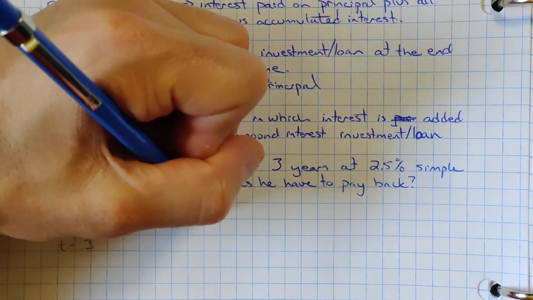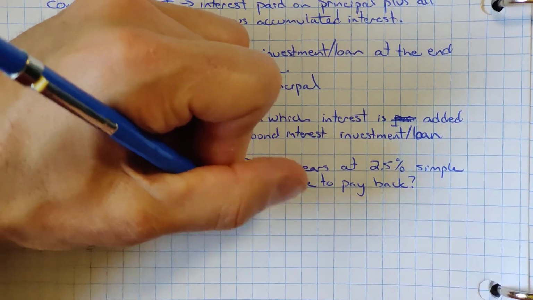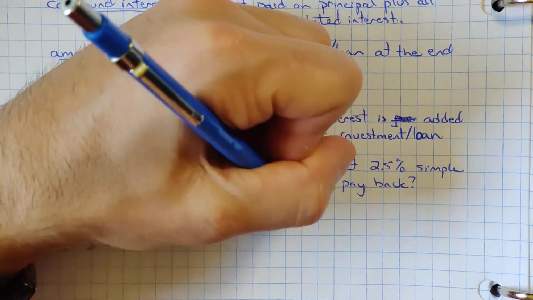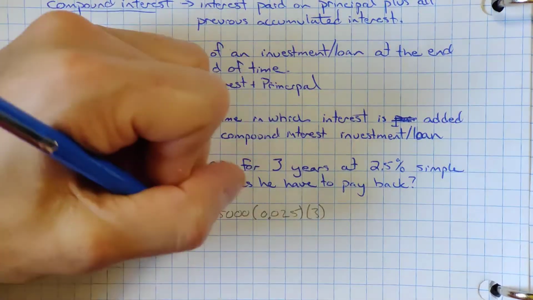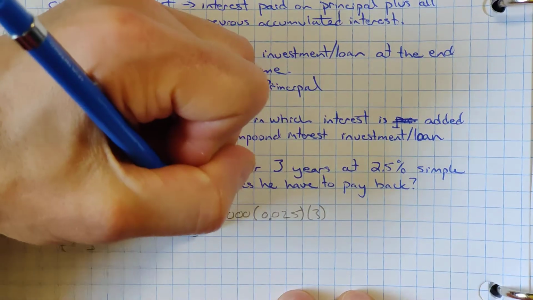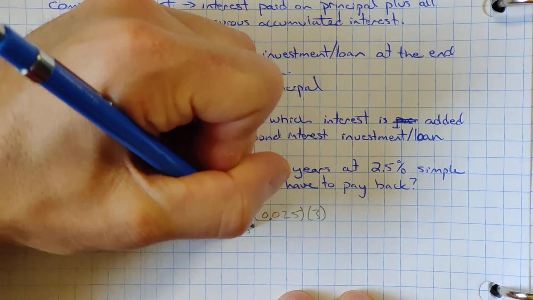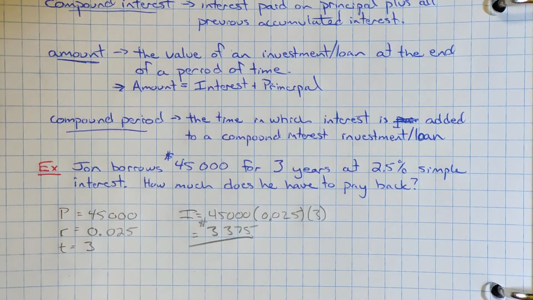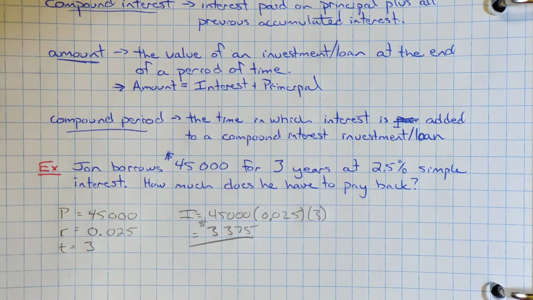Interest is principal, so 45,000, times the rate, times the time. It's that easy though. 3 numbers multiplied together, and again I got $3,375. That is the amount of interest that he has to pay, but that is not the amount of money he has to pay back.